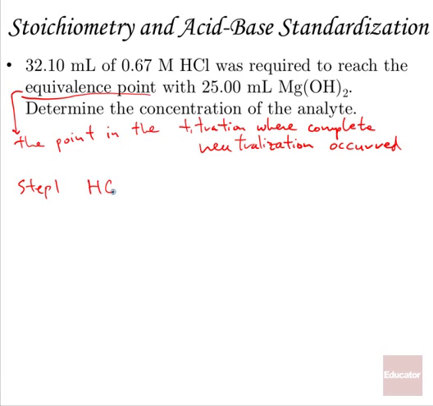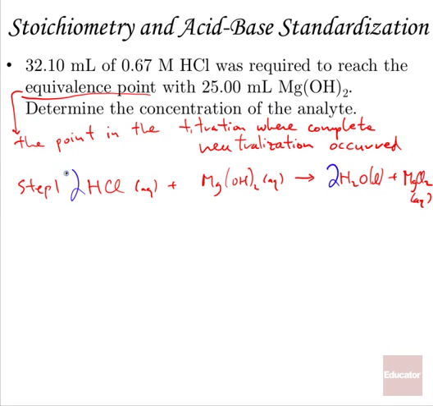This is HCl aqueous plus Mg(OH)2 aqueous, and that's going to form H2O liquid and MgCl2 aqueous. We've got to go ahead and balance it. So this is going to be 2 hydrochloric acids and 2 waters, everybody. Why is that important? Because we're going to be using a multi-mole ratio from the balanced chemical equation, so it's imperative that you know the coefficients correctly.